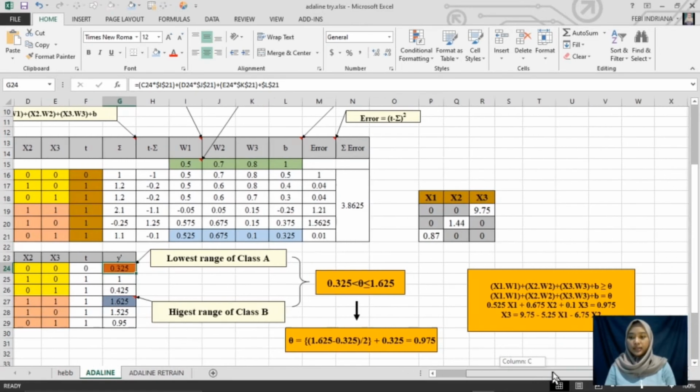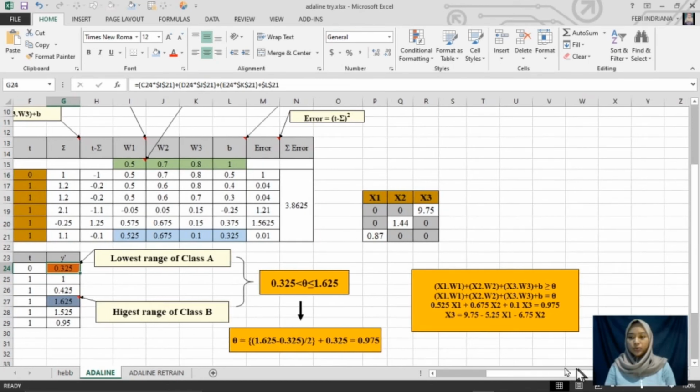And then, to know the equation of this particular case, we can use this formula: x1 w1 plus x2 w2 plus x3 w3 plus b equal to theta. The theta is 0.975.